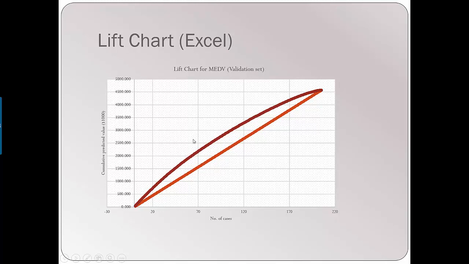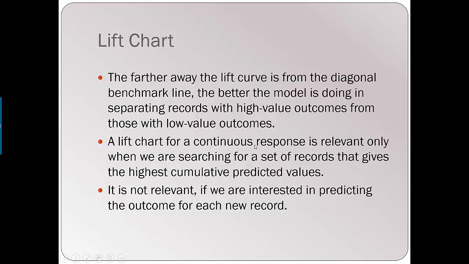So the farther away the lift chart is from the baseline, the better the model is in rank ordering the actual y value. The farther away the lift curve is from the diagonal, the better the model is.